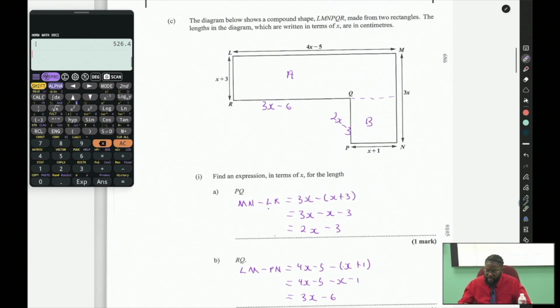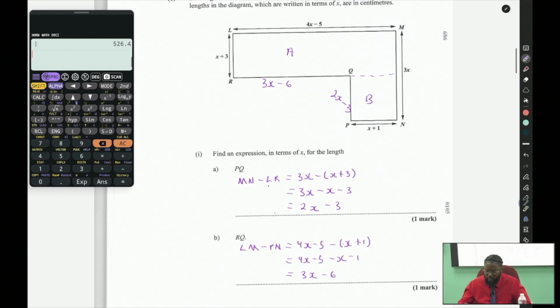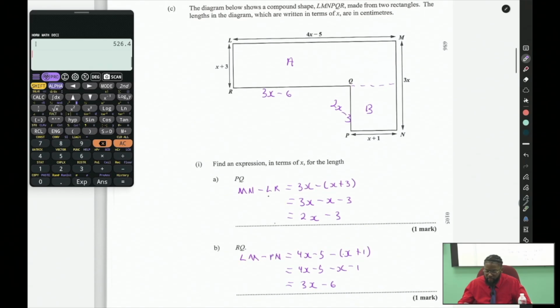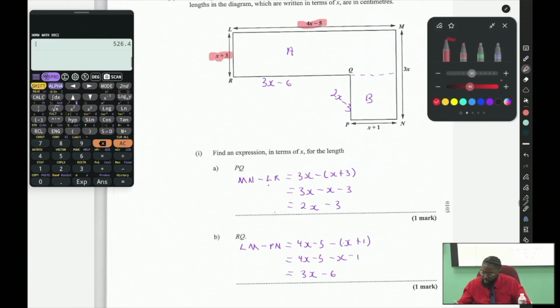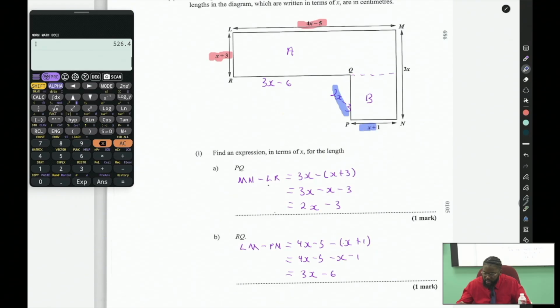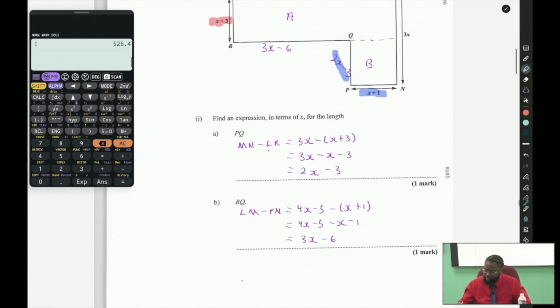So to find the area, similar to what we normally do, length times width. For rectangle A, it's going to be 4x minus 5 times x plus 3. And then for rectangle B, it's going to be 2x minus 3 times x plus 1. So let's go ahead and write that down now.